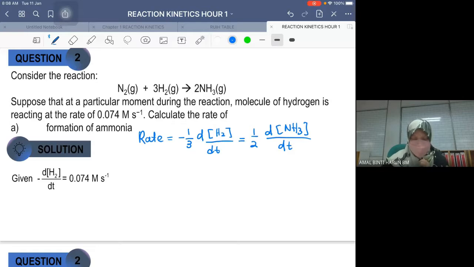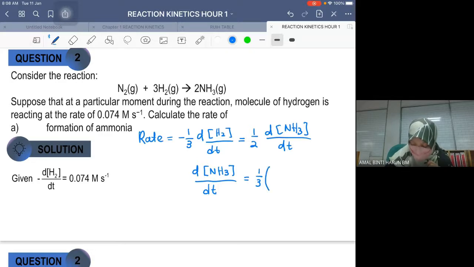The rate of the hydrogen. So, kita nak cari apa sekarang? Kita nak cari rate formation ammonia, which is d concentration ammonia over dt. So, it is 1/3. Okay, sign tu kita tepikan lah. Kita nak mention yang dia adalah decreasing. So, kita nak ambil dia punya value saja, 1/3.